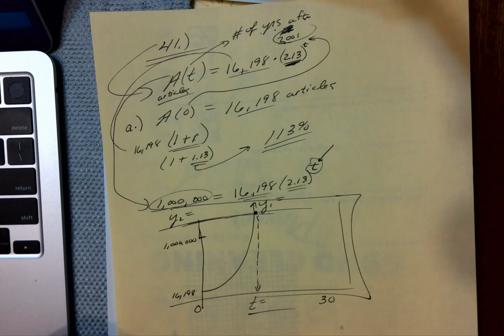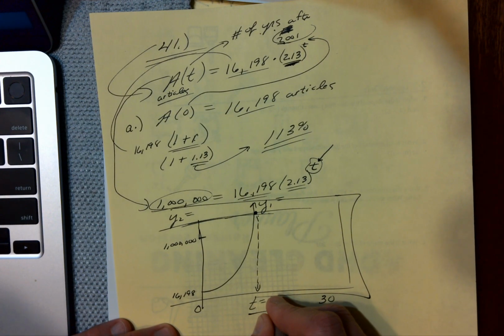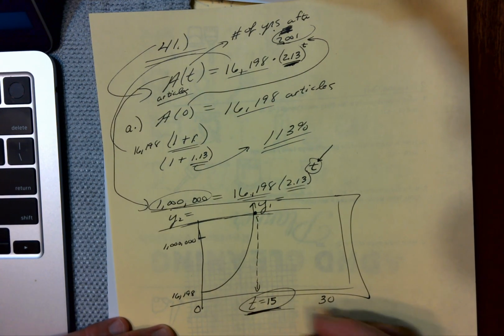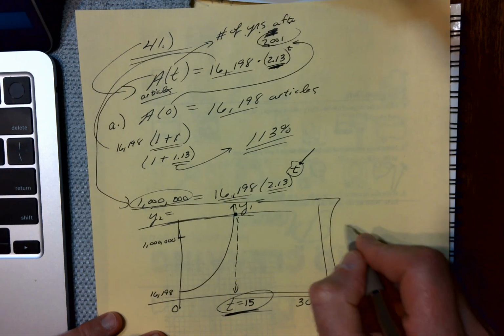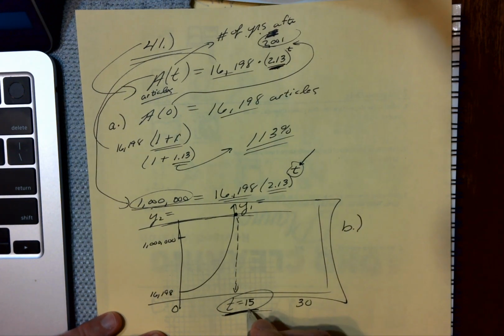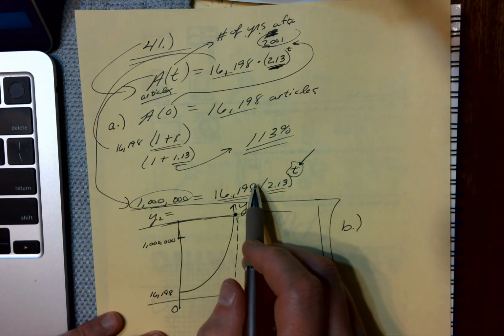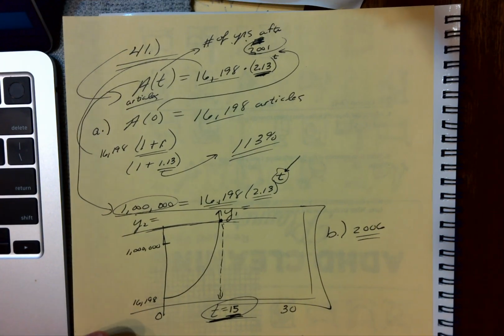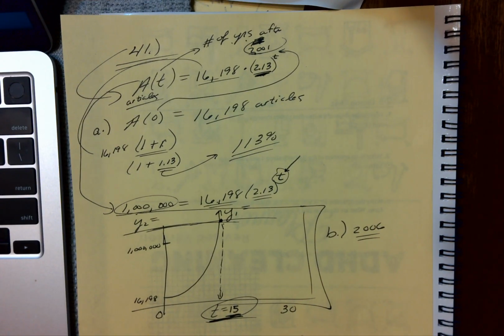It says the answer is 2006, which would mean the number down here is 15, so for part B, 15 years after 2001 is 2006.